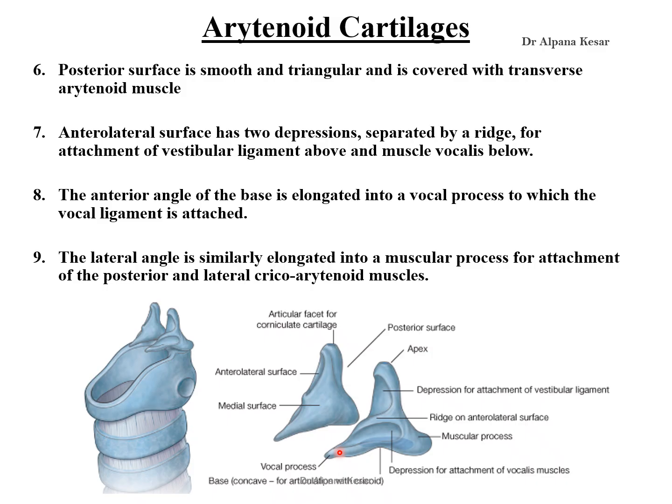The anterior angle of the base is elongated to form vocal process. Vocal ligament is attached to the vocal process. Similarly, the lateral angle is also elongated to form a muscular process. Muscular process gives attachment to the posterior and the lateral cricoarytenoid muscles.